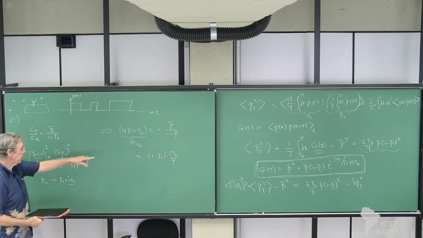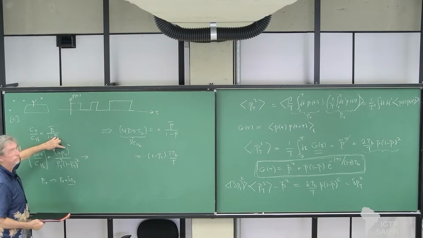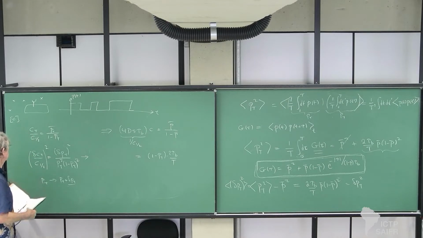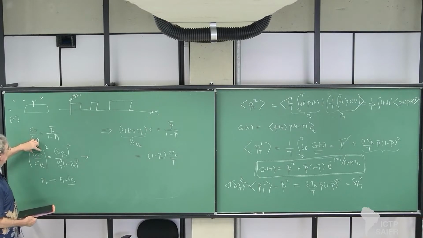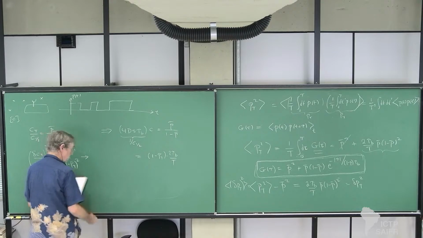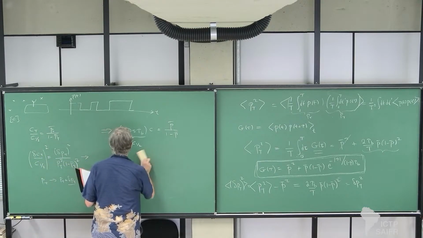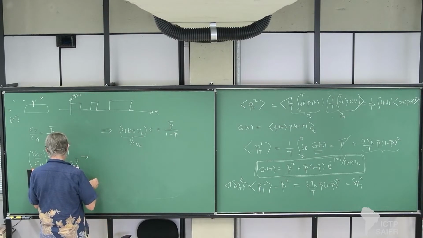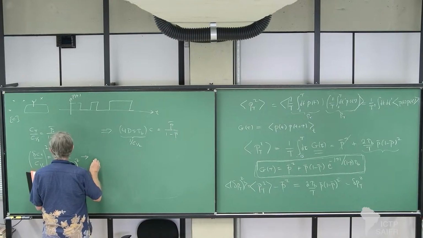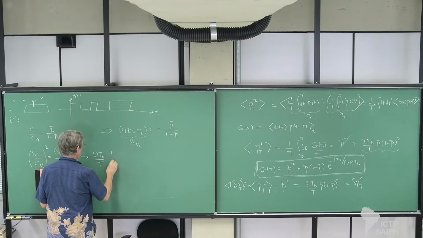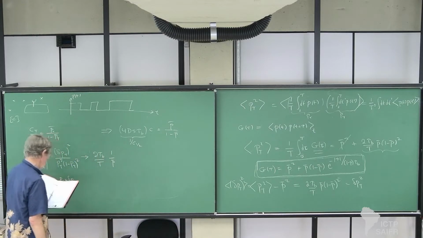The thing I calculated for you is delta PT squared. So I have to square in order to get something that is directly usable. So this is going to be delta PT squared. This all boils down in the end to 2 tau B over T times 1 over P bar. Okay, that is correct.